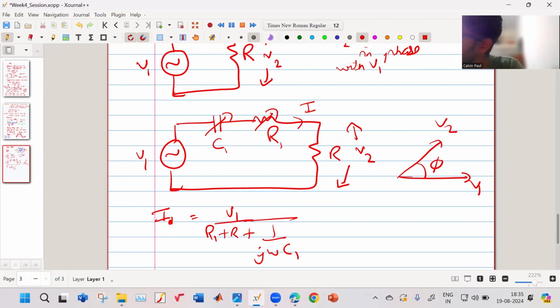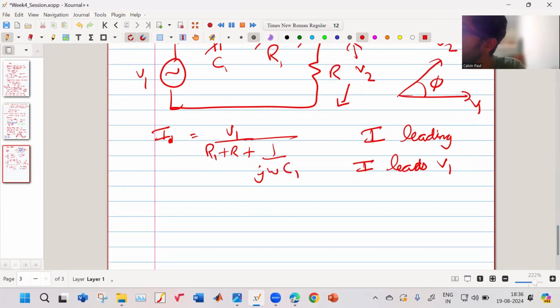So what will happen is, we know in a capacitor, the current leads the voltage. So this current I becomes a leading current. So this current I leads V1. And now your V2 is equal to I into R. And because I is leading V1 and R is just a constant, your V2 will lead V1.